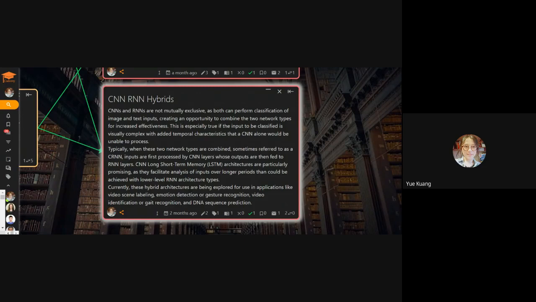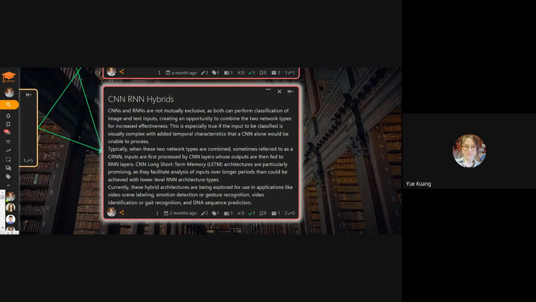Typically, when these two network types are combined, sometimes referred to as a CRNN, inputs are first processed by CNN layers, whose outputs are then fed to RNN layers. CNN long short-term memory architectures are particularly promising as they facilitate analysis of inputs over long periods that could not be achieved with lower-level RNN architecture types.